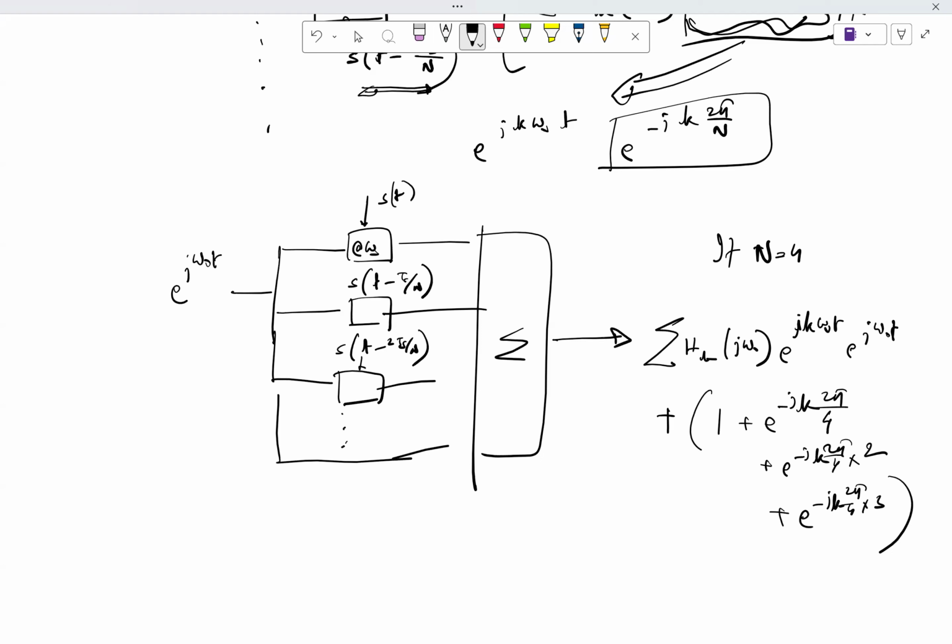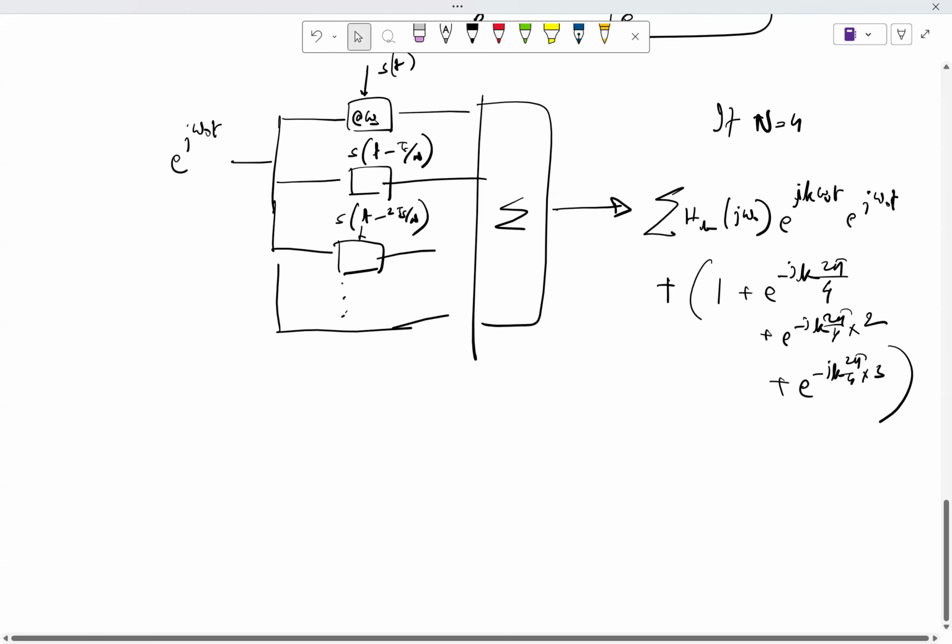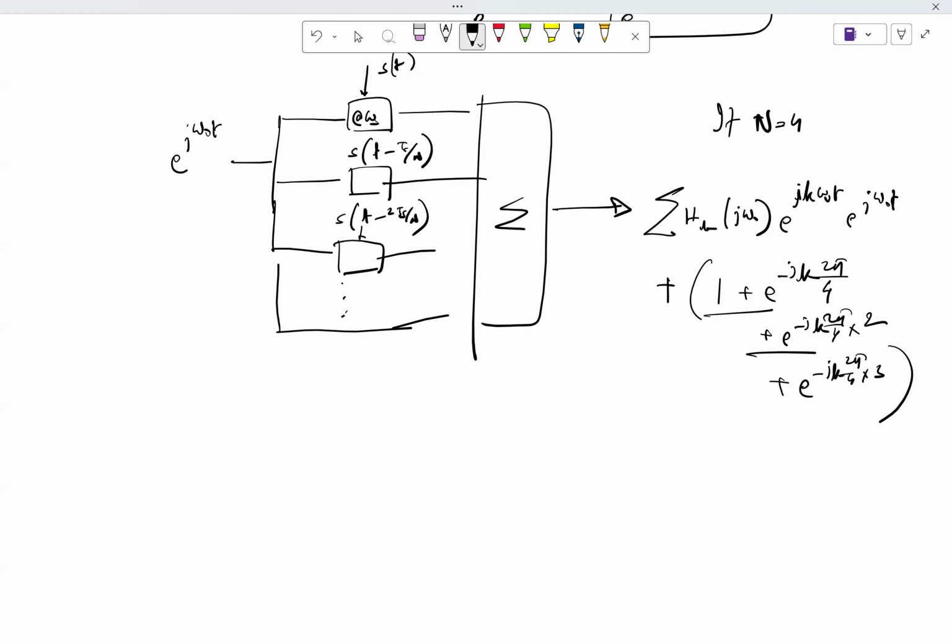So now for k equal to 0, right? Which means what? Which sideband? The 0th sideband, which means the fundamental sideband, right? k equal to 0 means you apply input at omega naught, you are checking the output at omega naught, right? So for k equal to 0, you can think of these as phasors, right? So one is this, then another is this, another is this, another is this.